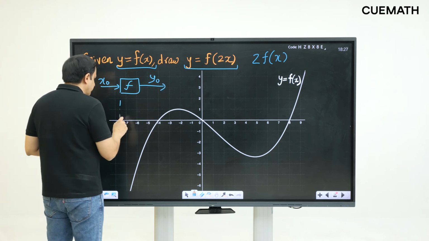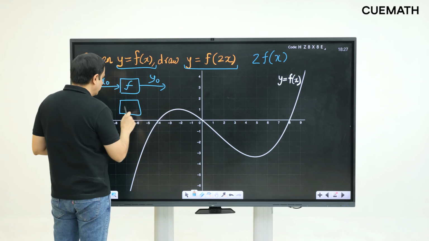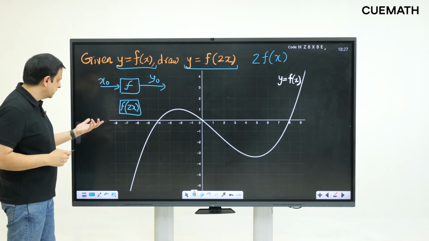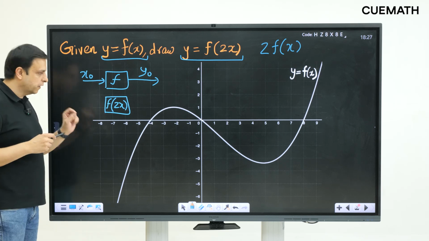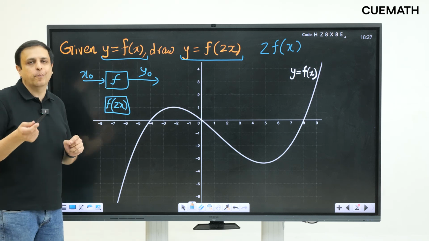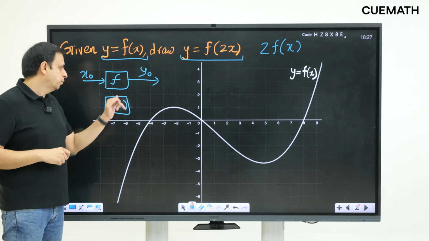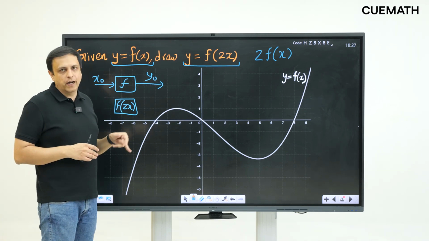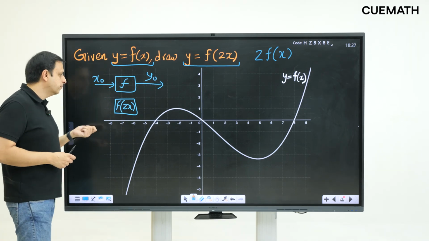It's actually fairly straightforward if you imagine what this function is doing. What it's really doing is first doubling that input and then applying the function f to produce the output. So to produce the same output y naught, what do you think the input should be?